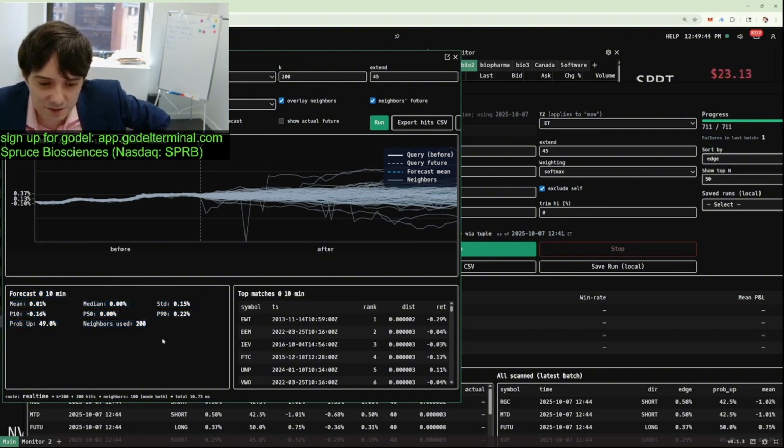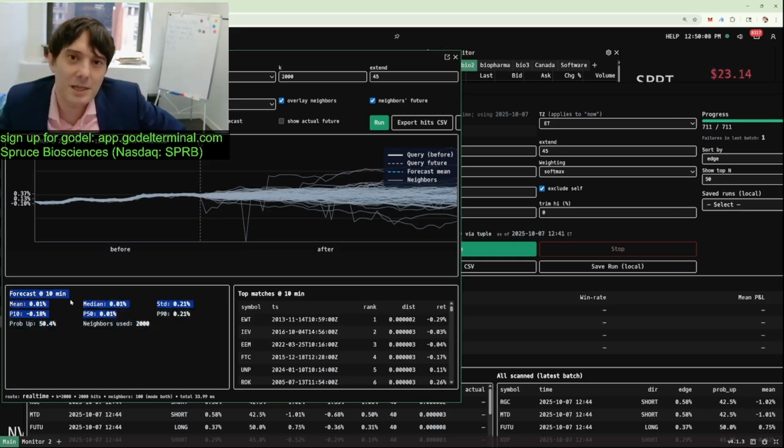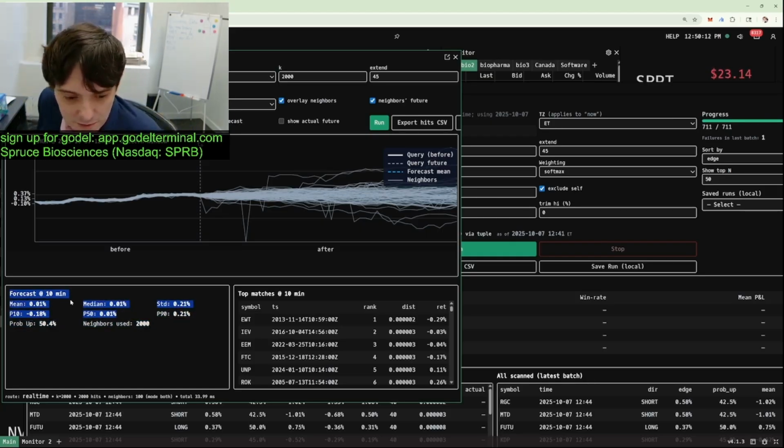So it basically gives you this ability to actually say, well, this chart pattern on average, the mean return is 0. There's no expectation for a return. But again, you can select your statistic. You say, well, with 2,000 nearest neighbors, remember the baseline here is like 6 billion tuples.